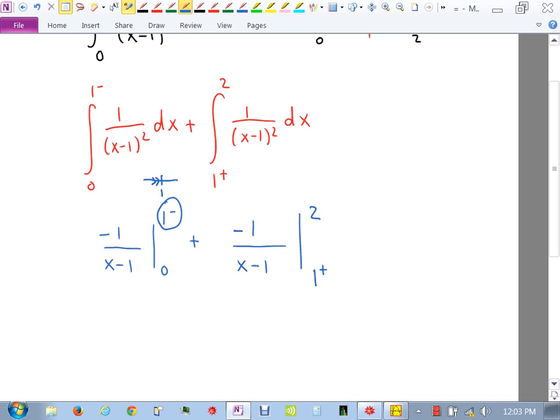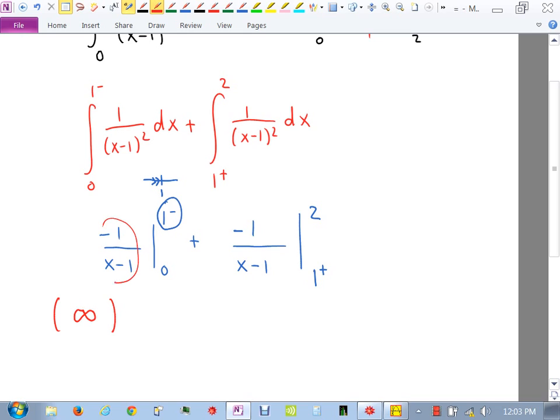The numerator is negative, so negative over negative should be positive. So what happens when I plug in 1 from the left side? It goes to infinity.